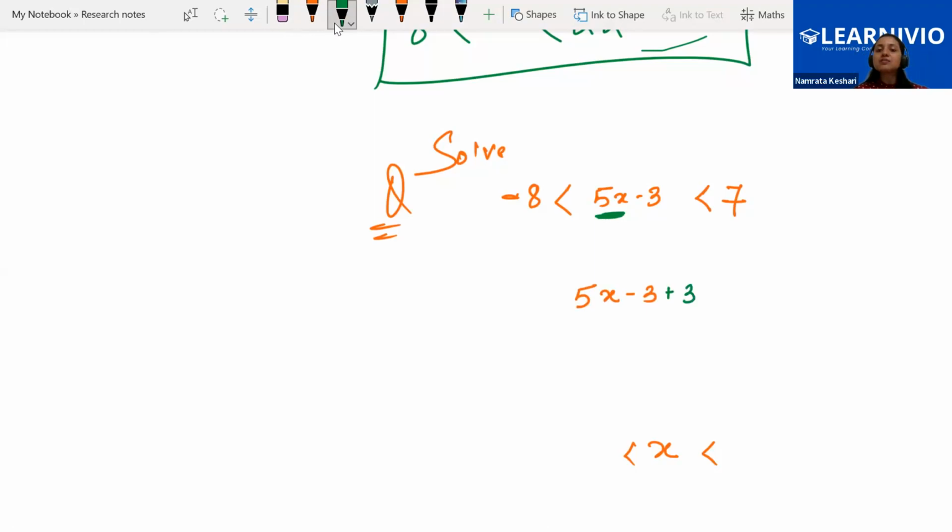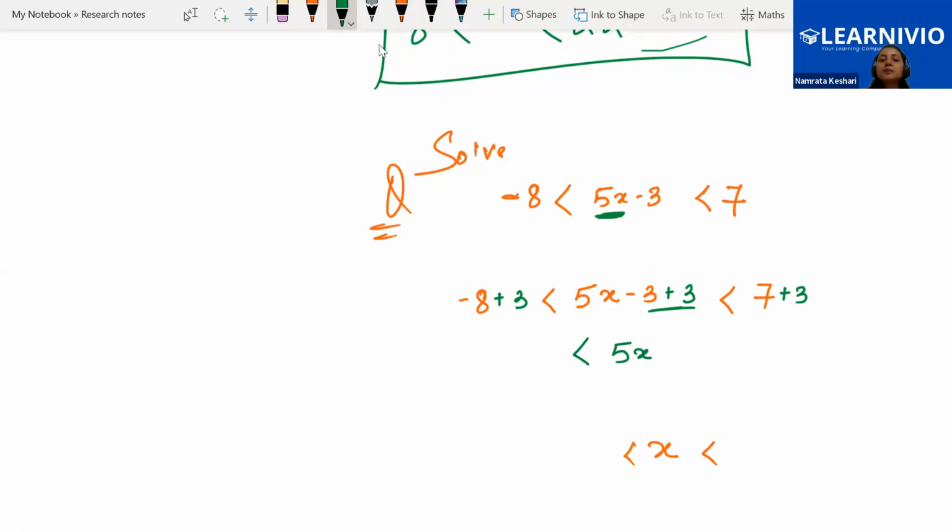Since we have added 3 in the middle, we have to add 3 in all the parts: minus 8, 7, and the signs stay the same. Why are we adding 3? So that this minus 3 and 3 make 0, and in the next step we will be having just 5x.